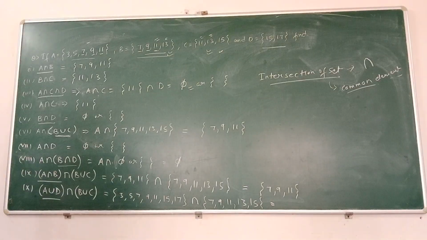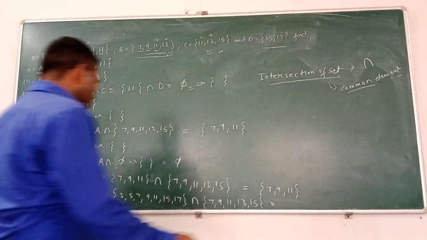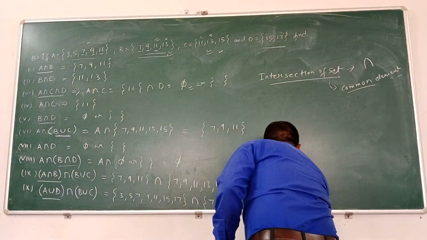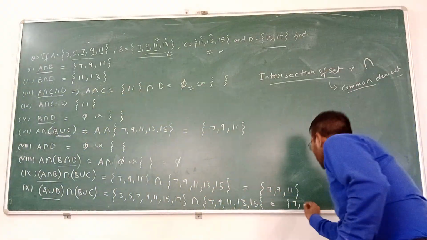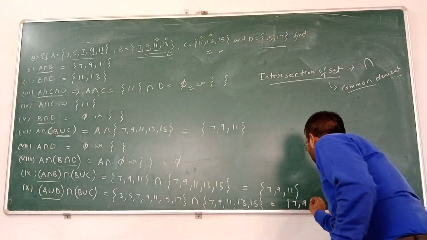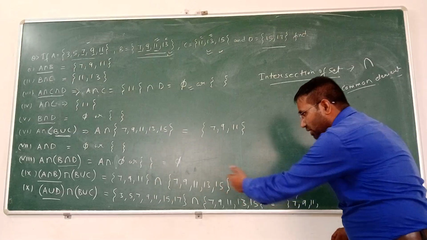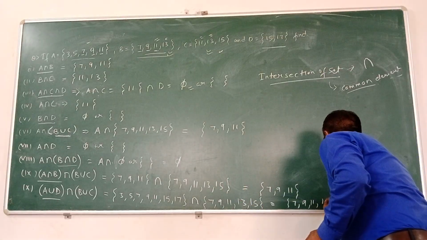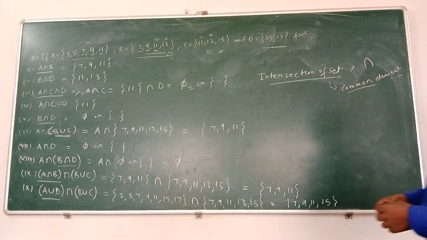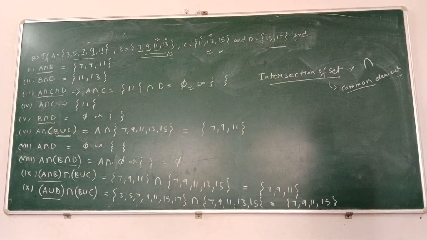So write down the common elements. 7 is common in both, 9 is common in both, 11 is common in both. 13 is not common, 15 is common. So write down 15 here.